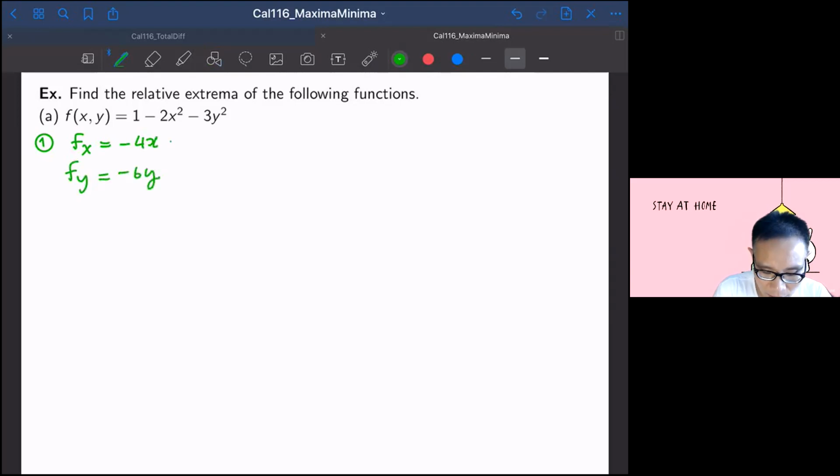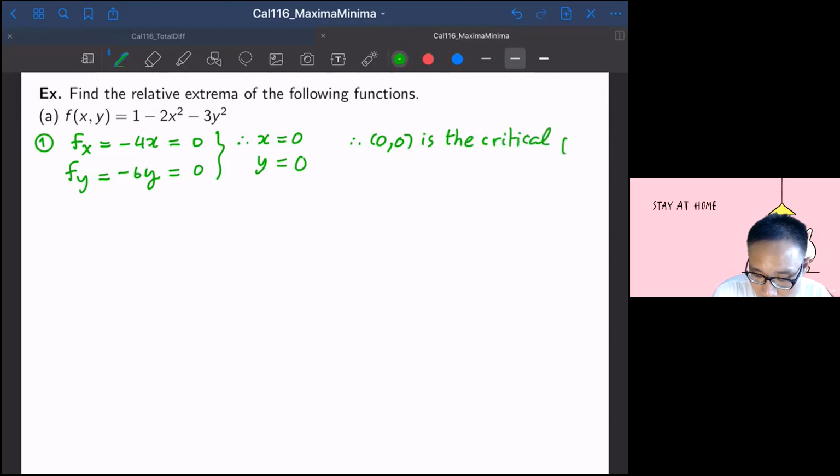You're going to let both of them equal 0 and solve for x and y simultaneously. So you would get x equal to 0 and y equal to 0. The conclusion here is that (0, 0) is the critical point.